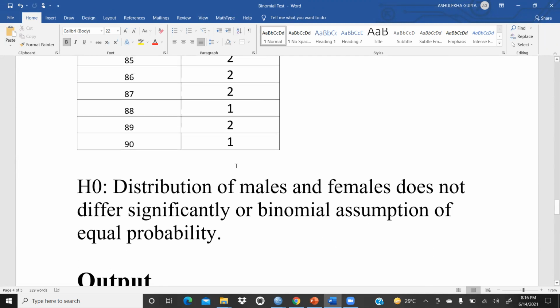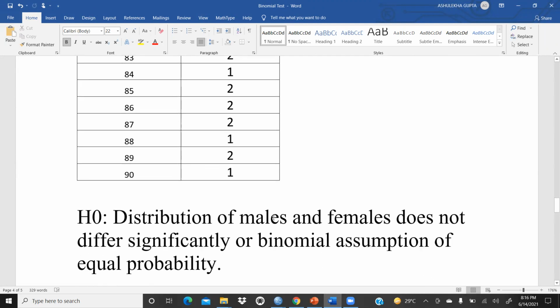So I would like to check this thing: the distribution of male and female does not differ significantly under the binomial assumption of equal probability. That means we are presuming the distribution of male and female does not differ significantly, that they are at par, the male and female ratio is equal. So we would like to prove whether the null hypothesis is accepted or rejected.